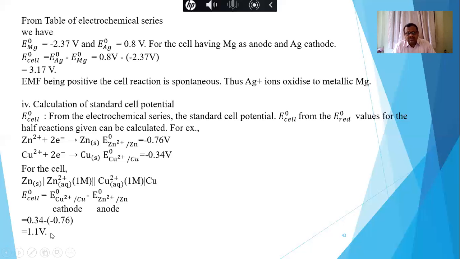Then we substitute the values: 0.34 minus minus 0.76. The answer will be 1.1 volt. Thus, we can calculate the standard cell potential of a cell by using the EMF series. So with this, we come to an end of this chapter.